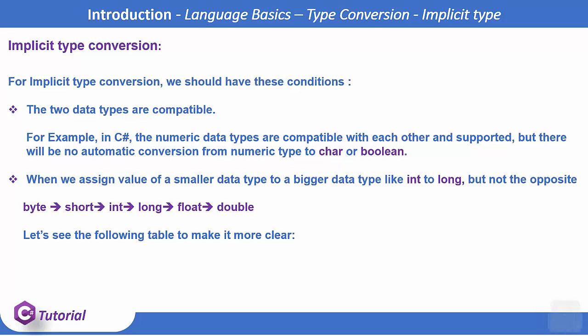For the implicit type conversion, in order to make it work, we need to have two conditions. First condition, the two data types should be compatible. For example, in CSharp, the numeric data types are compatible with each other and they are supported.